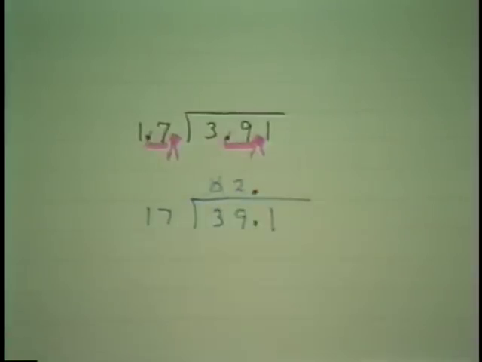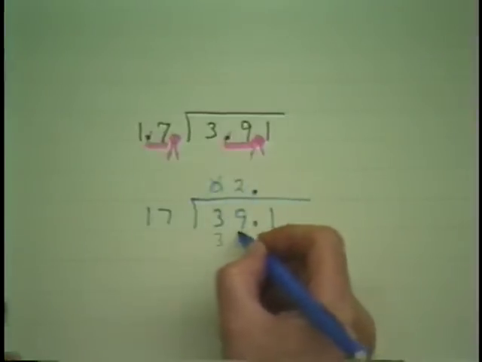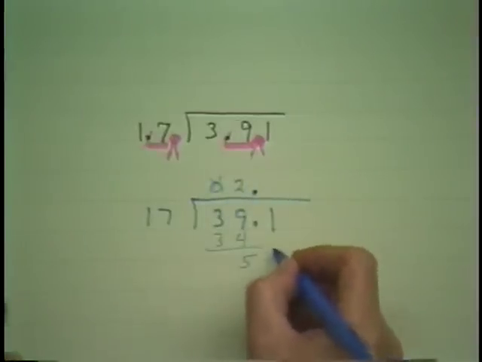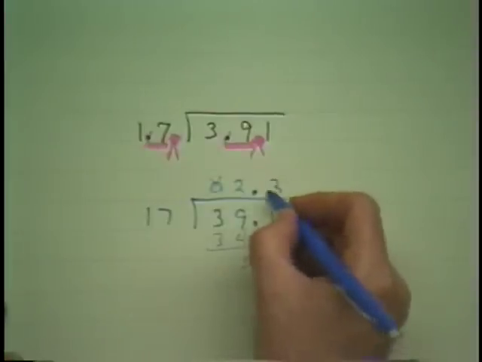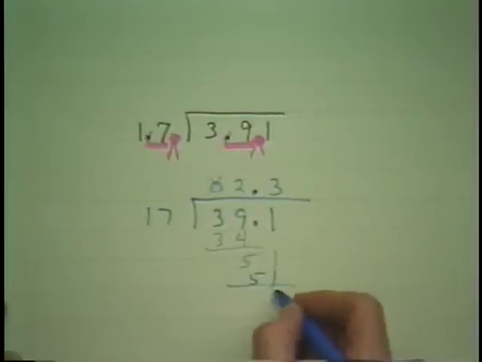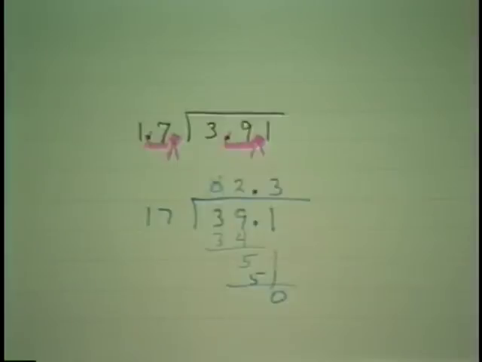Now you can see I won't need that 0 since it's in front of the decimal point. 17 into 51 goes 3. In this case, it terminates.